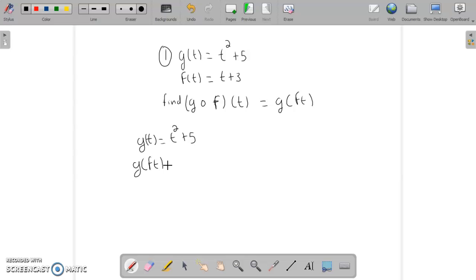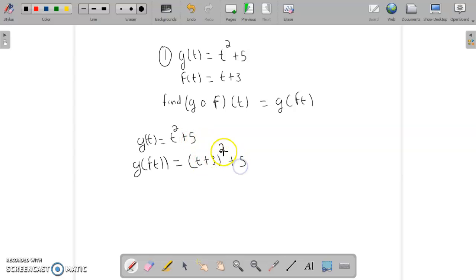So with that being said, let's go ahead and answer this problem. Wherever you see a T, you're going to plug in your F of T, which is all of this. So instead of T, you're going to open the parentheses and plug in the equation of F of T, which is T plus 3. So T plus 3 squared, and then don't forget the plus 5, right?